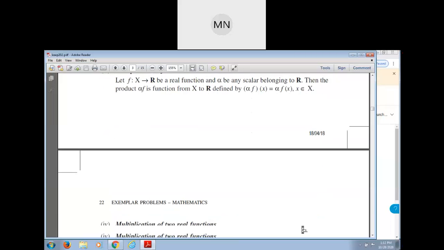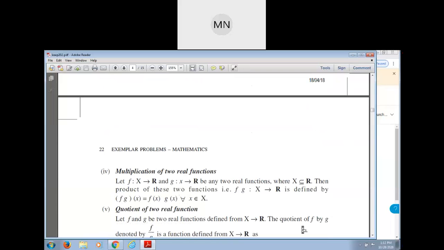And similarly, we can define multiplication of two real valued functions. Suppose we are given f and g, two functions, then we can define the product of these two functions, f into g, from X to R. This is obtained as f g of x equals f of x into g of x. Okay, and similarly, we can define the quotient of two functions.